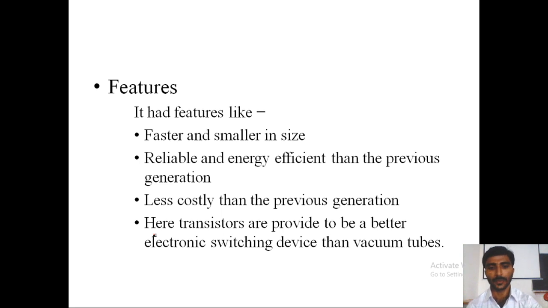It takes less power to perform any task, is more compact in size, more reliable, and faster than the first generation, because we used transistors. In the first generation they were made with vacuum tubes, in the second generation with transistors. In this generation, magnetic cores were used as the primary memory.